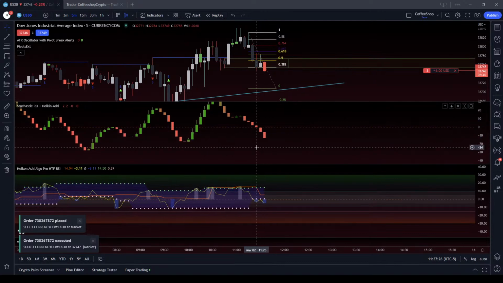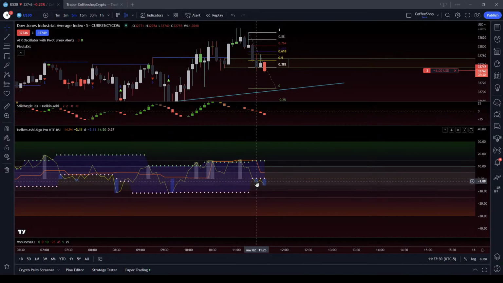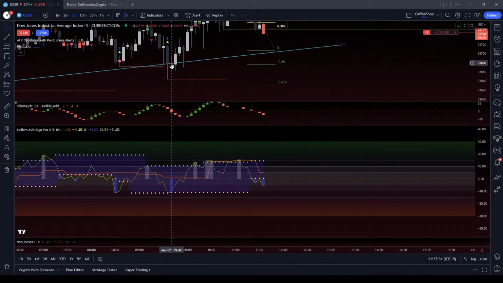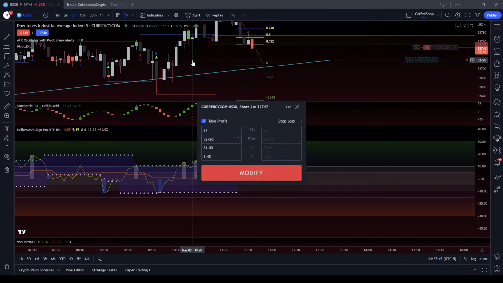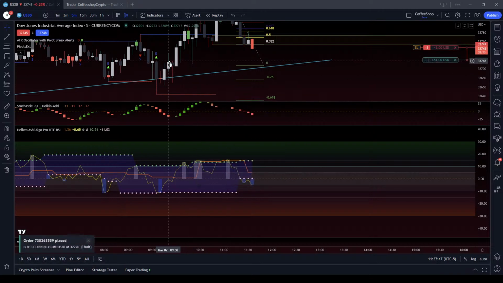It's got a nice push down. I'm going to target the previous swing low, like where we entered here. I'm going to go for this trend line right here, which is this swing low. Same thing. Pull back just a little bit. I want to catch the high of this one right there. Pretty close.